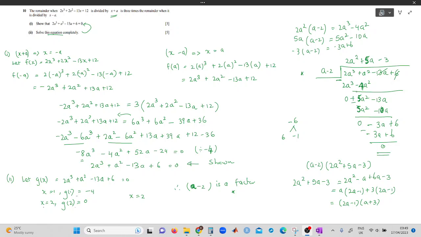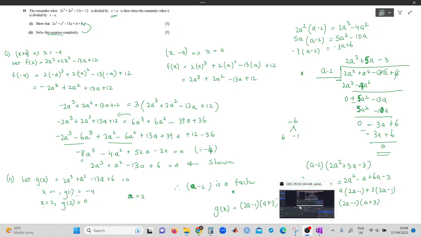So I can say that g of x equals (2a minus 1)(a plus 3), and also, I had a value here, a was equal to 2, so it was a minus 2. Okay? If I stop there, you already lose 2 marks because it asks to solve the equation, that is, find the values of a.